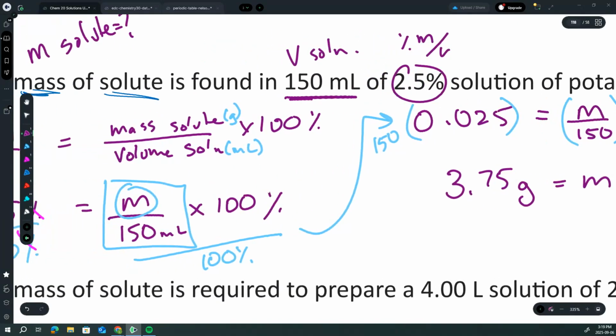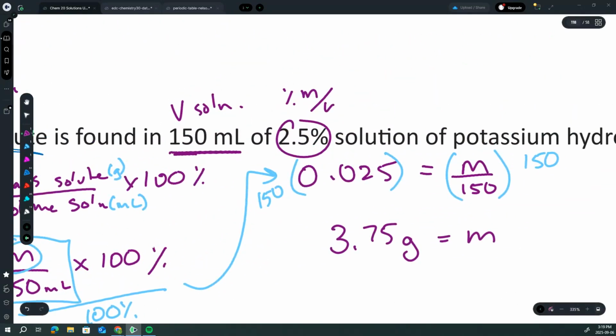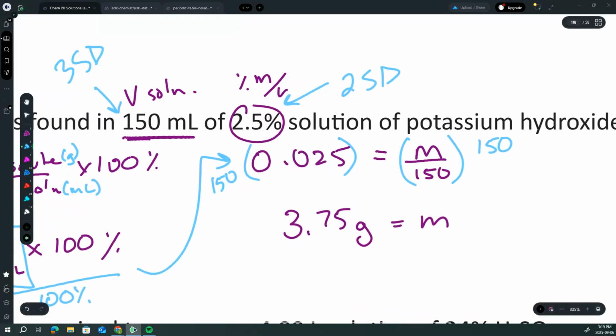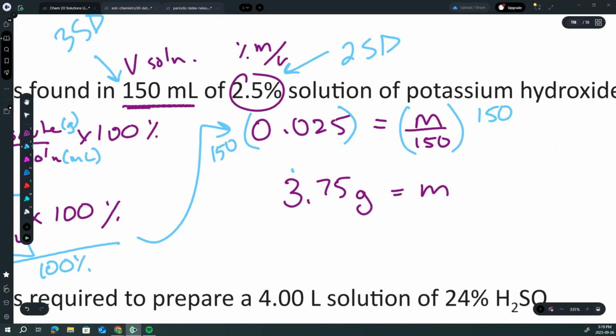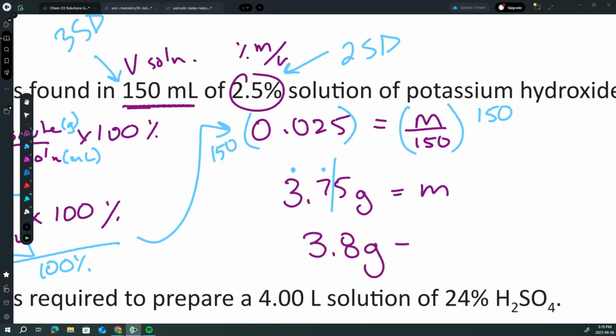It looks like the least amount of sig digs is going to be this one, because this is 2 sig digs and this is 3 sig digs. So I have to put my answer in 2 sig digs: 1, 2, there's my cutoff line. So 3.8 grams is equal to mass.